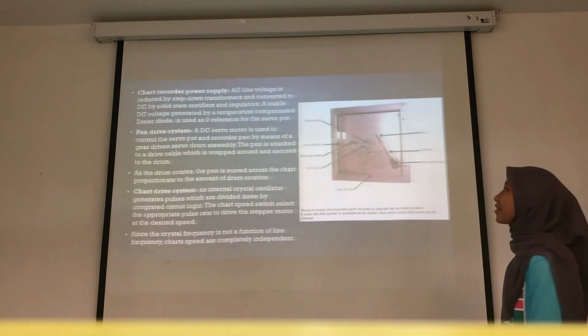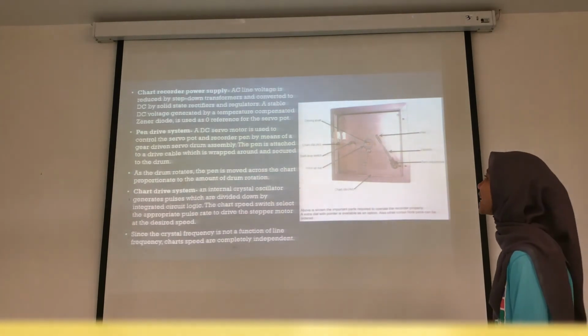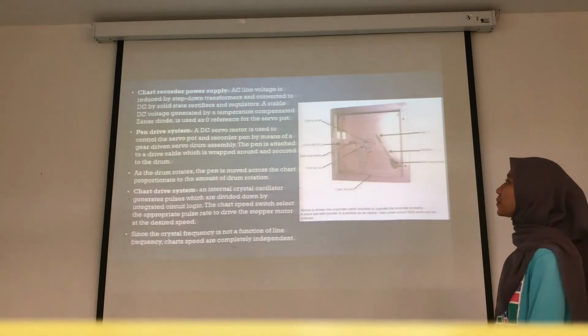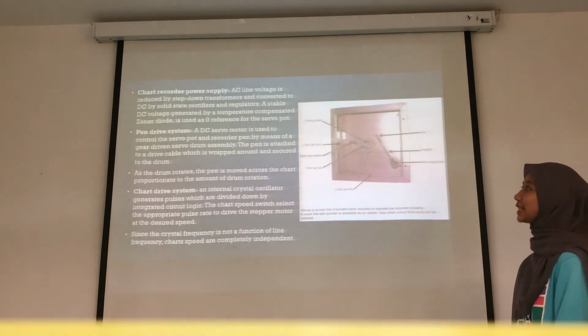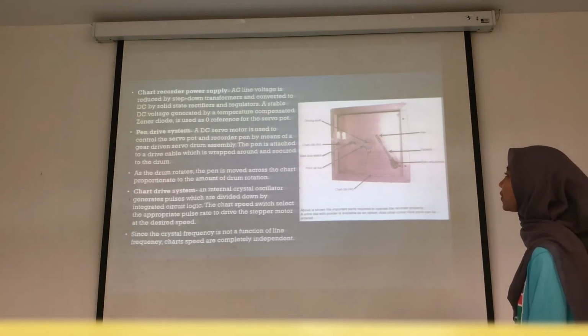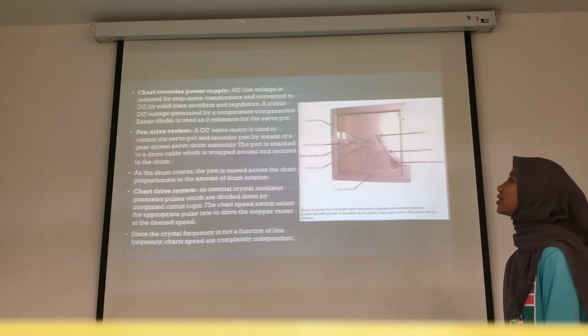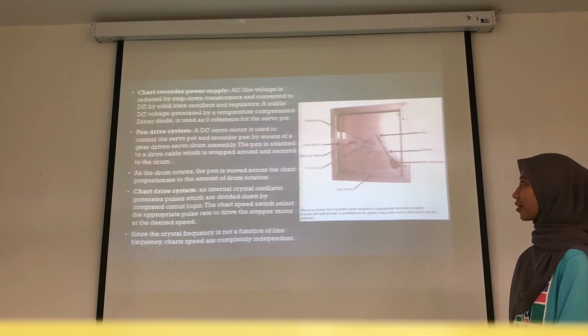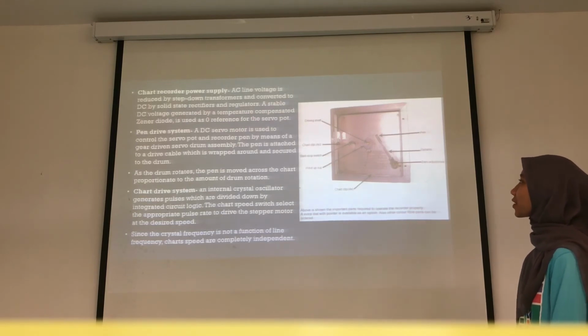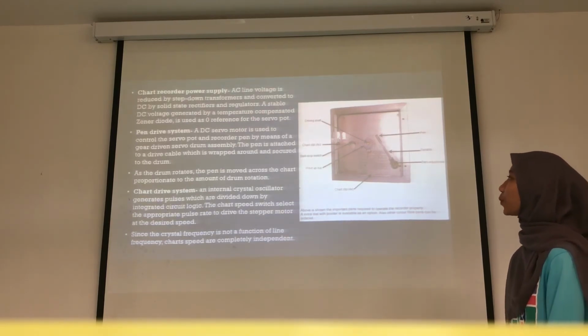Okay, for the chart recorder power supply, AC line voltage is reduced by step-down transformers and converted to DC by solid state rectifiers and regulators. A stable DC voltage generated by a temperature compensated Zener diode is used as zero reference for the servo port.